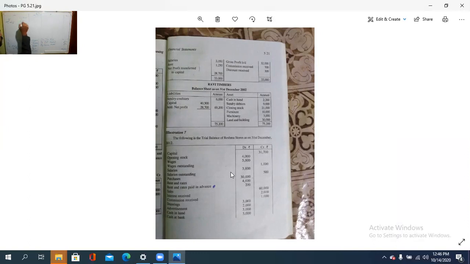So 46,700, less drawings. Drawings is how much? 3,000. Then 43,700 is the balance capital. Next, wages outstanding, how much? 1,000. Then outstanding salaries, 500.